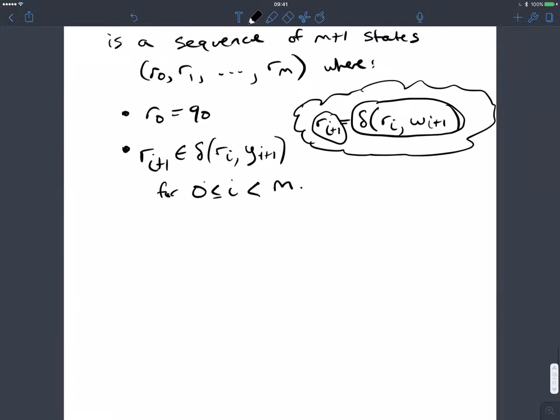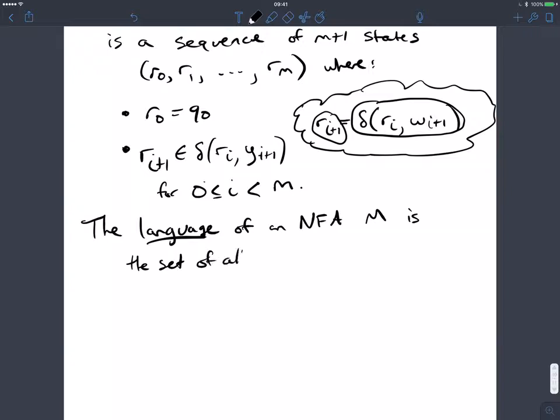Okay, so then we define, just like before, the language of an NFA M is the set of all strings for which M has an accepting computation.